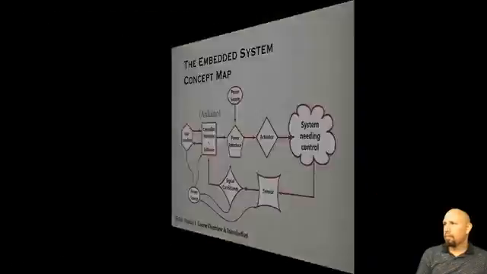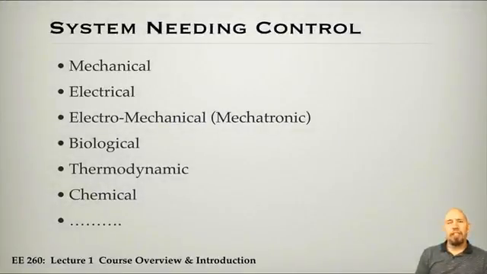So what does the system need to control? Well, it can be a variety of things. It can be a mechanical system, an electrical system, or an electromechanical system, a combination of the two. Often when we have a system that involves both electrical and mechanical, it's referred to as a mechatronic system.